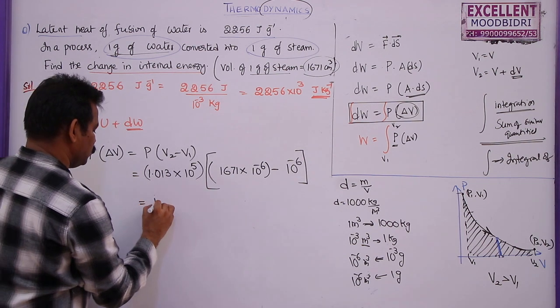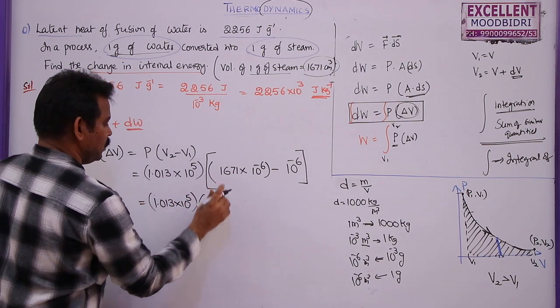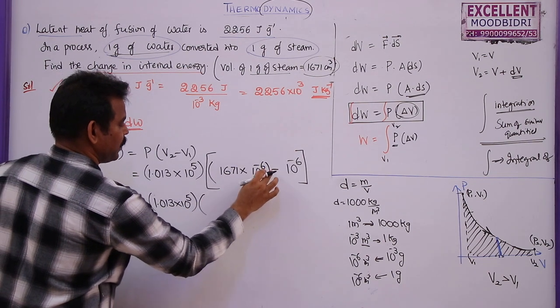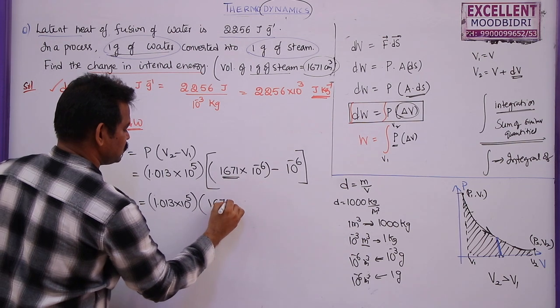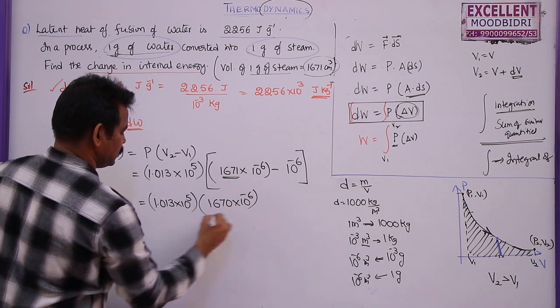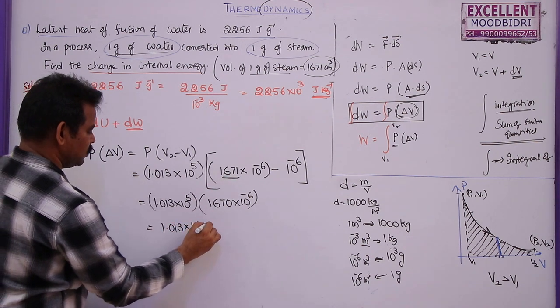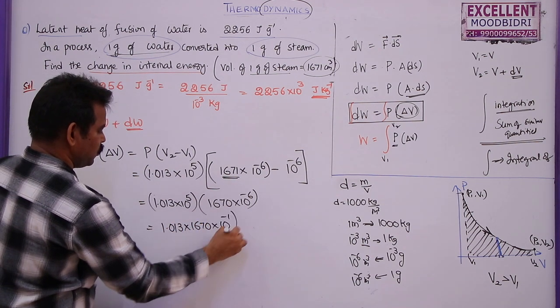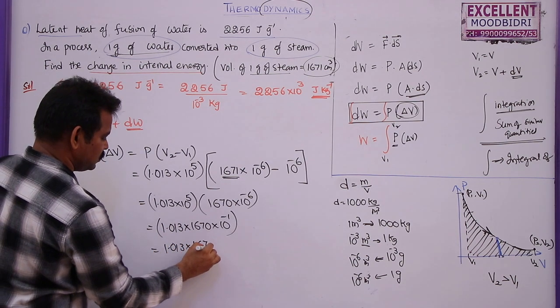Now this will be equal to 1.013 into 10 power 5 into 1671 into 10 power minus 6 minus 1 into 10 power minus 6. So 1671 minus 1 is 1670 into 10 power minus 6. So this will be 1.013 into 1670 into 10 power minus 1, that is 1.013 into 167.